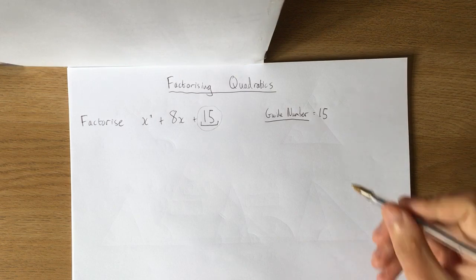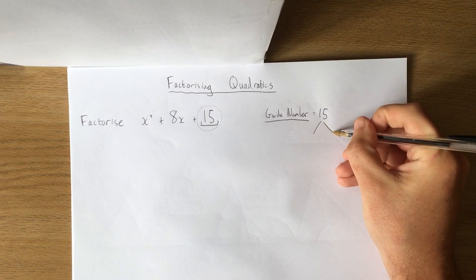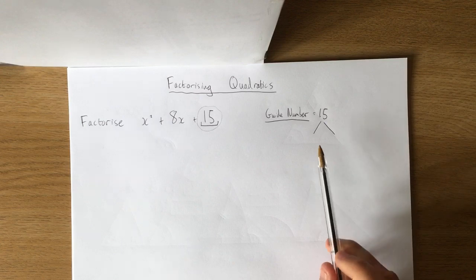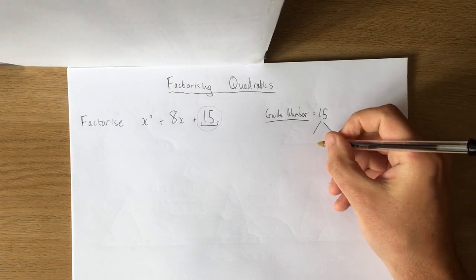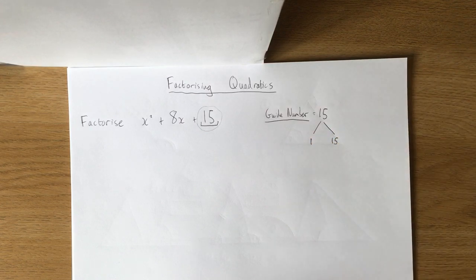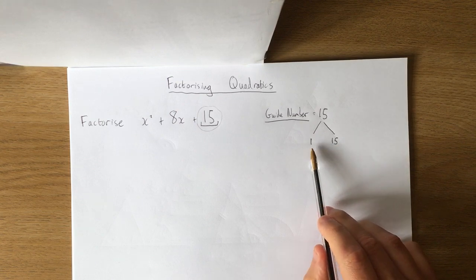What do I do with the guide number? I always write down all the pairs of factors of 15, so the two numbers which multiplied together give me 15. So 1 multiplied by 15 is 15. Is 2 a factor?